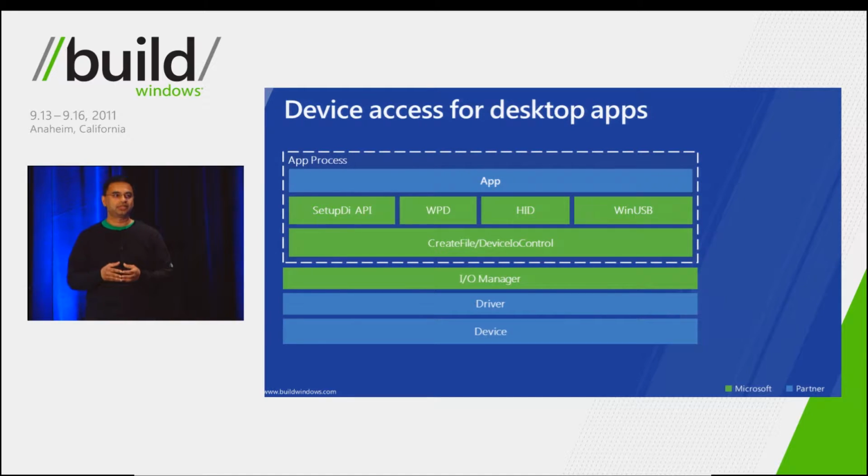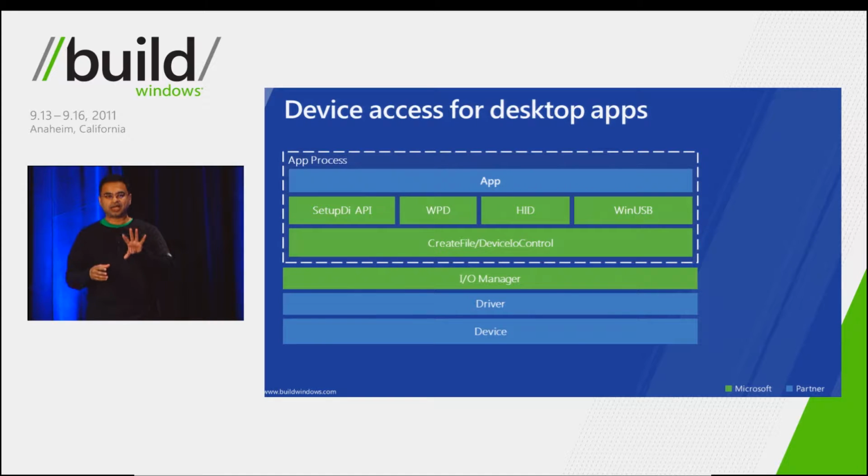So for example, if it was a portable device, then you would use the WPD APIs. If it were a HID device, you would use the HID APIs. And if it were a USB device and you chose not to write a driver for it, and you really wanted only one app to talk to it, then you could use the WinUSB APIs.